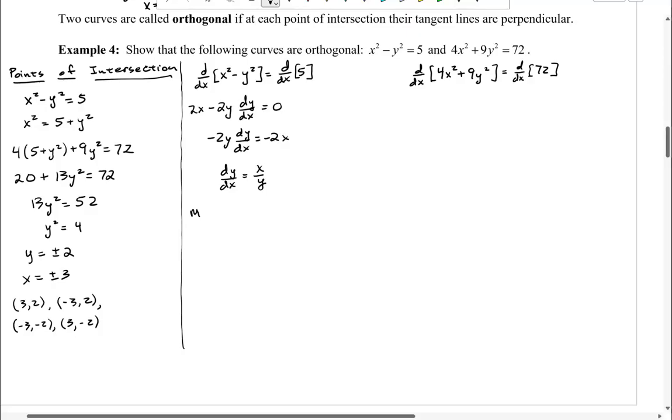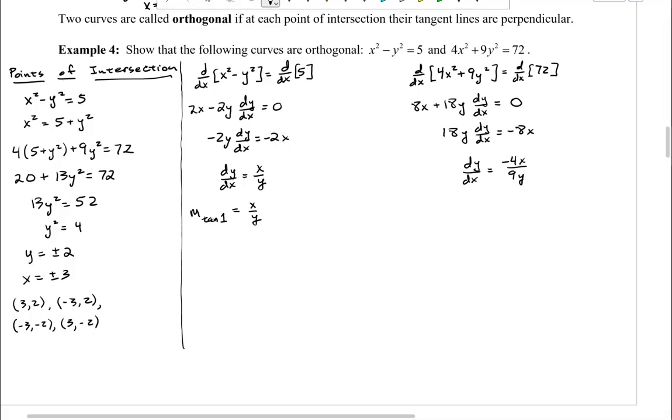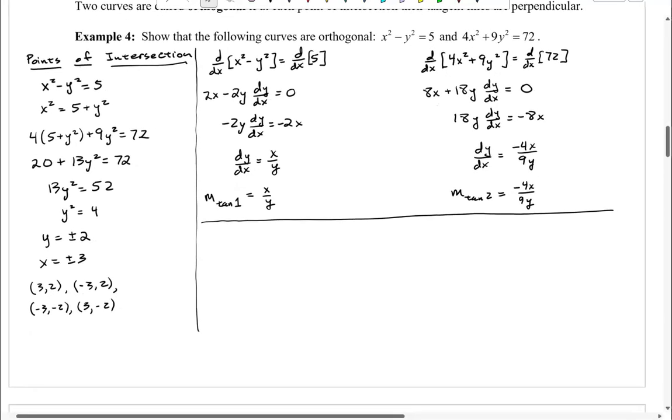So the slopes of the tangents for the first curve, which I'm going to notate with m sub tan 1, is x over y. Now we do the same sort of thing with the second curve. So the slopes of the tangent lines to the second curve are negative 4x over 9y. The last step here is to plug in each of our points and see what the slopes are for each curve.